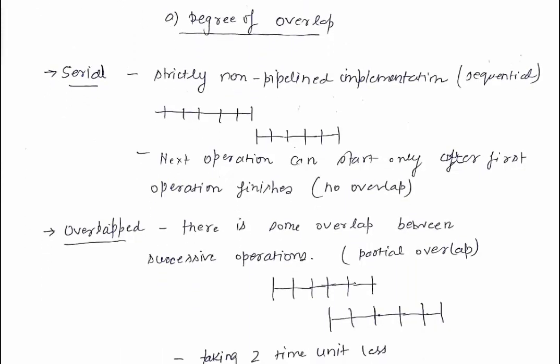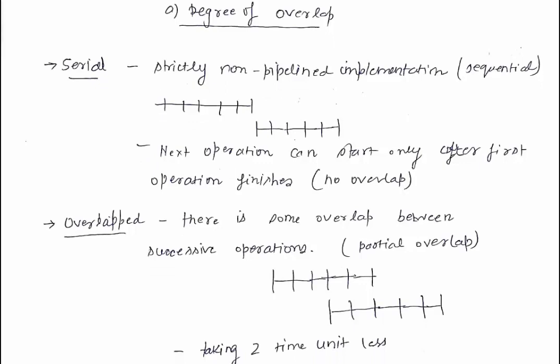Then overlapped. Overlap means there is some overlap between successive operations. There can be partial overlap. Let's say this instruction has 6 stages, and 3 of these stages are overlapped.